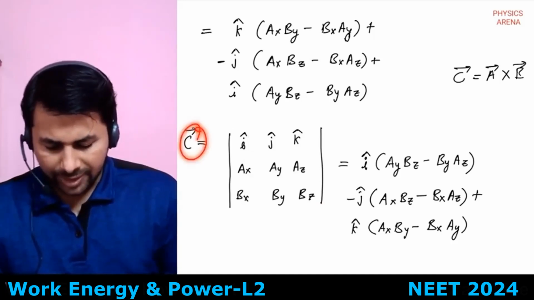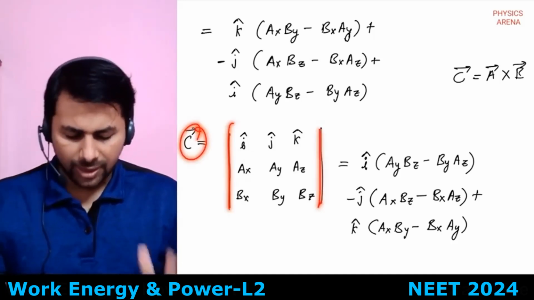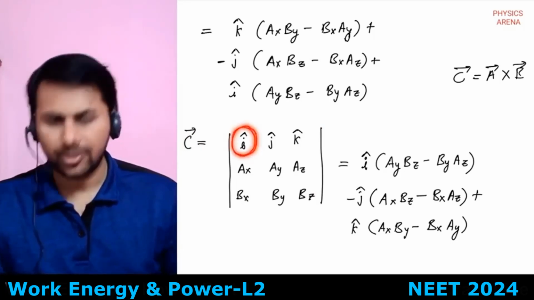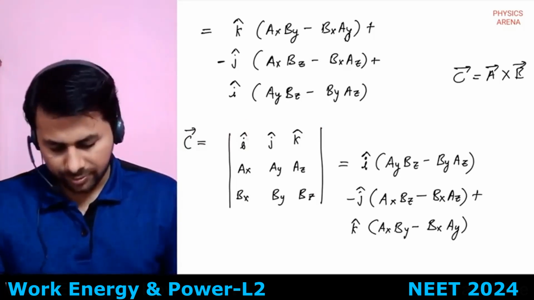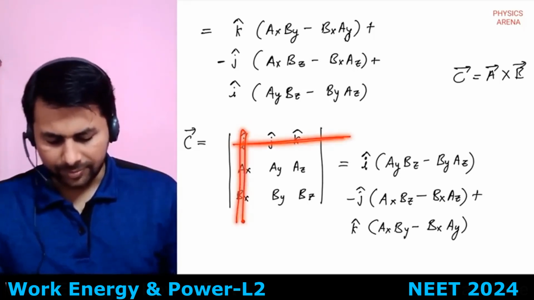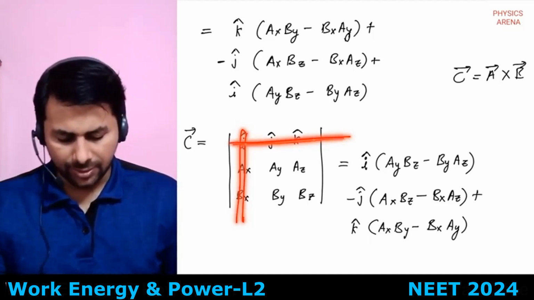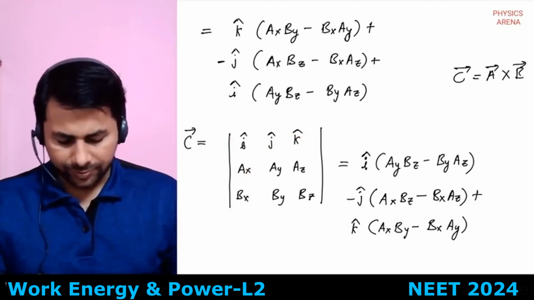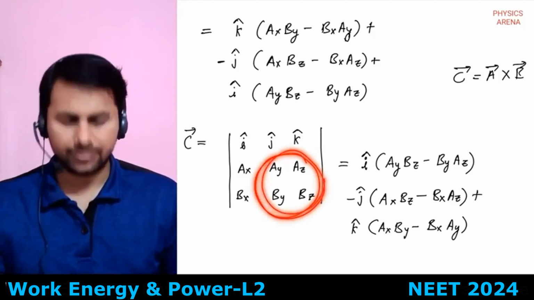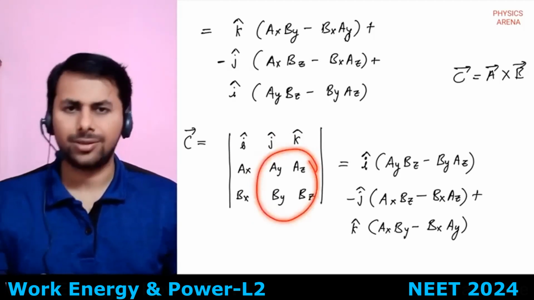So what will be c bar? It's equal to this determinant, and to solve this determinant, take the first element of the first row, which is i cap, then hide that row and the column. So then you are left with these four letters.